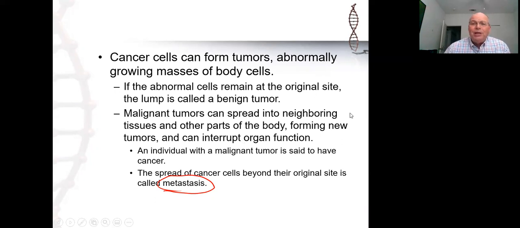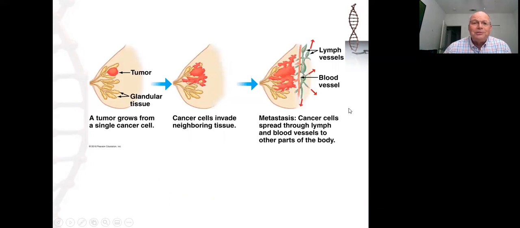Well, the problem is that we have two pathways for the cancer cells to move around. The bloodstream, which you already are aware of, and another system called the lymph system, which captures all the fluid that leaks out of the bloodstream. So what is referred to as interstitial fluid, the fluid that surrounds the cells, that's the clear fluid that leaks out of a cut after the blood stops flowing.